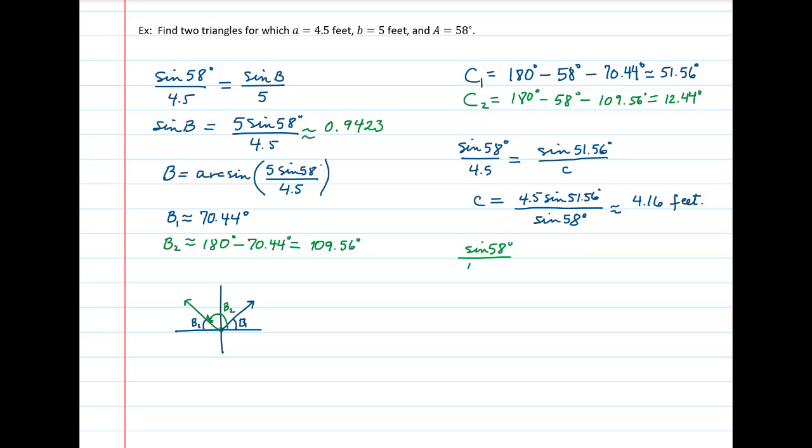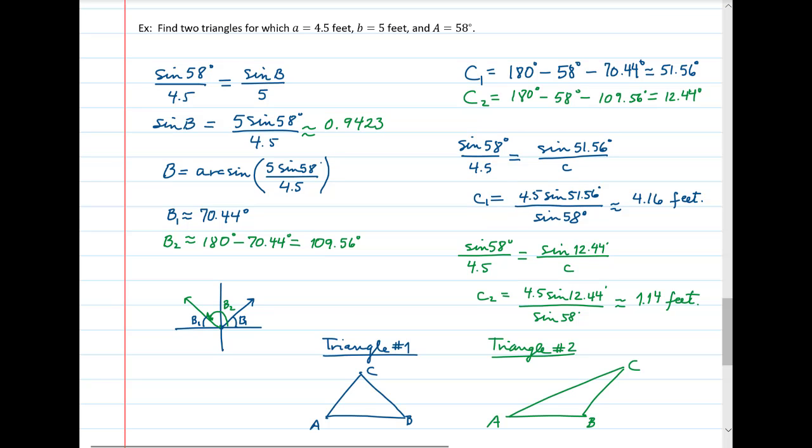So we set it up the same way: sine of 58 degrees divided by 4.5 is equal to sine of 12.44 degrees divided by lowercase c. And remember, this is our second triangle, so I'm going to call it C2 here, equal to 4.5 sine of 12.44 degrees divided by sine of 58 degrees. Putting this in the calculator, we get that lowercase c for the second triangle is 1.14 feet. And there we have it.